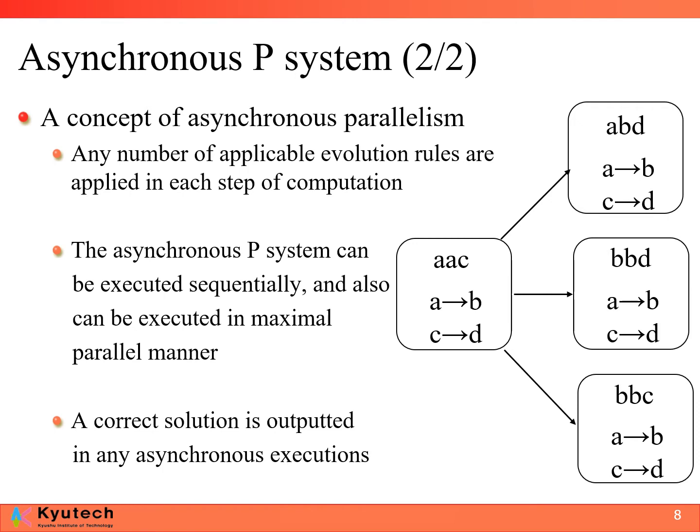In asynchronous parallelism, objects in the membrane can be changed into various states in one step because at least one applicable evolution rule is applied. But we have to note that the asynchronous P system must be guaranteed to output a correct solution in any asynchronous executions.